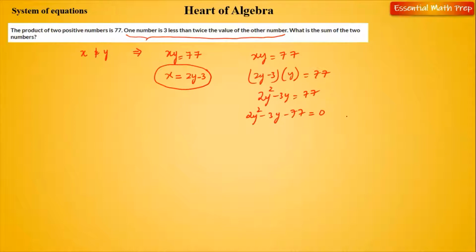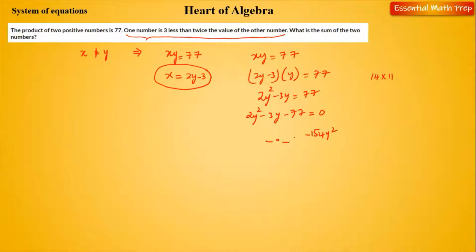This is a quadratic expression, so you have to solve for the value of Y. First you have to figure out what is 77 times 2. That's 154. So you want negative 154Y squared.